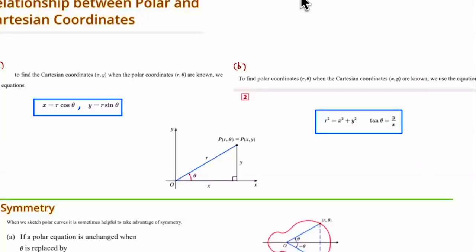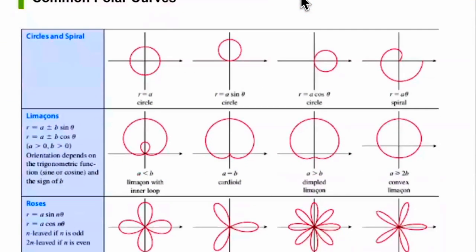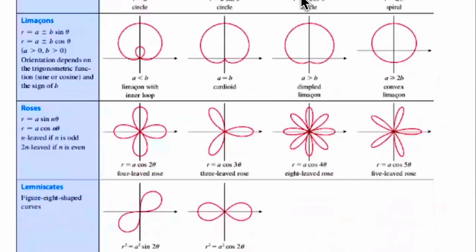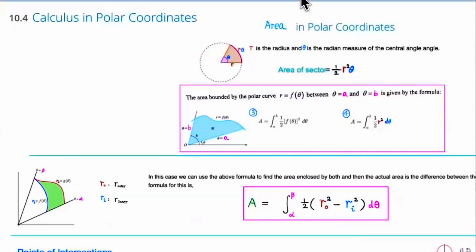r squared is x squared plus y squared. Tangent theta is y over x. So remember that. And here's some way to tell the symmetry over here. And here are some common polar curves. You don't need to memorize them, but it's interesting to look at, isn't it? And then calculus in polar coordinates.